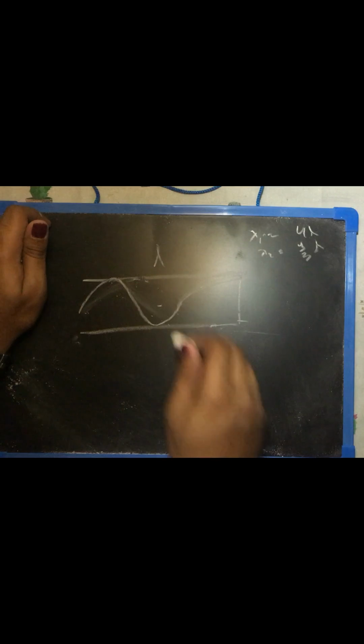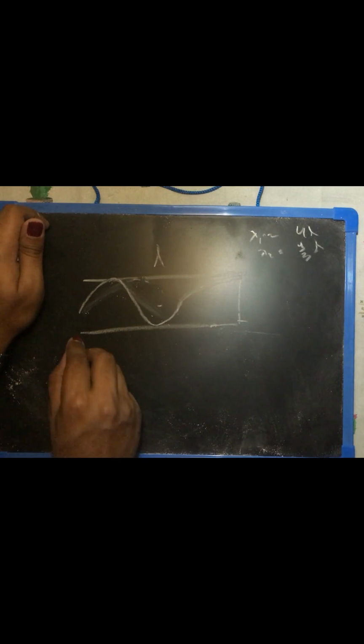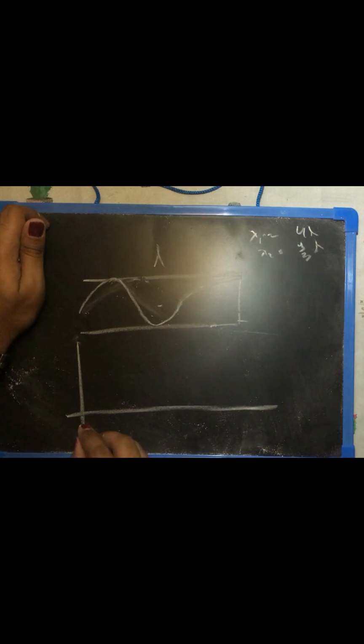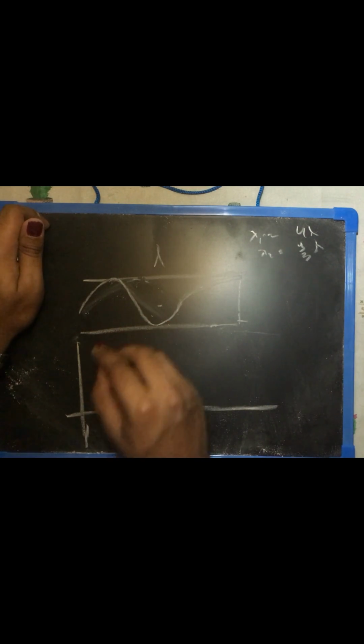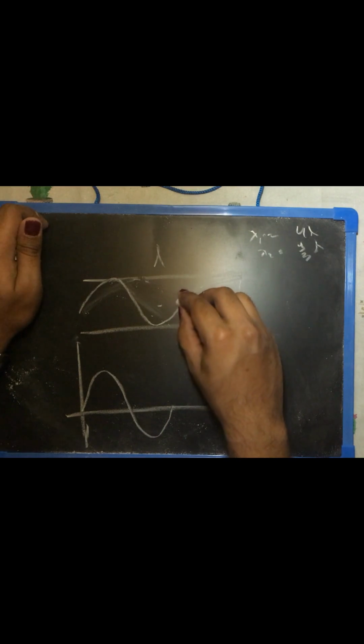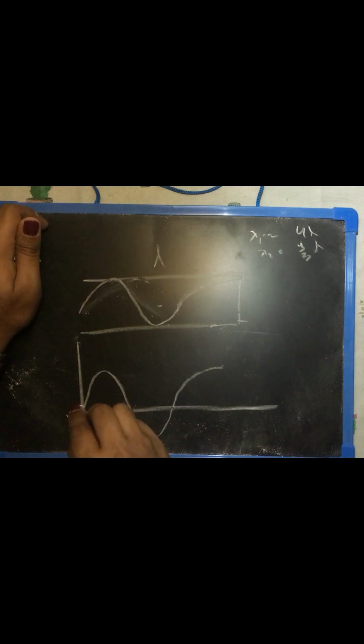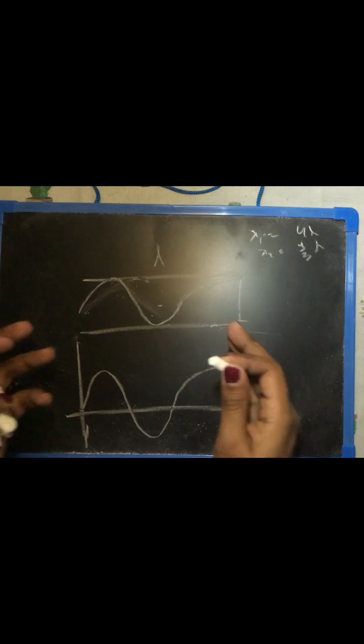So how does this wave look like in a graph? This looks like this and this additional part, right? Node and antinode. This is how it looks like.